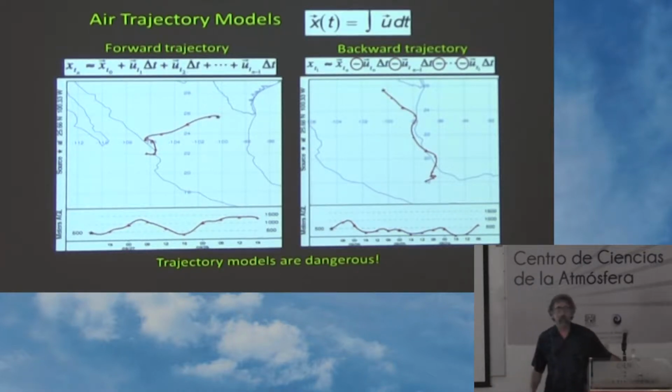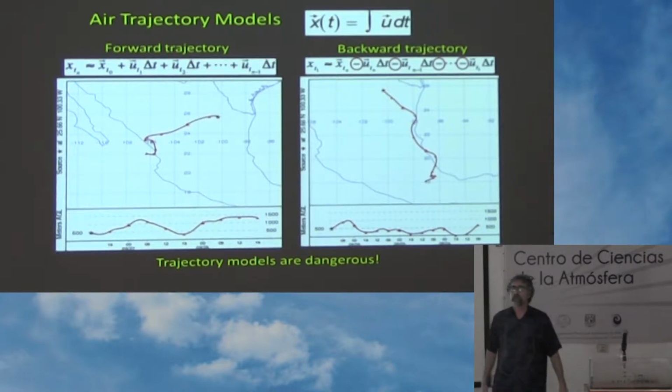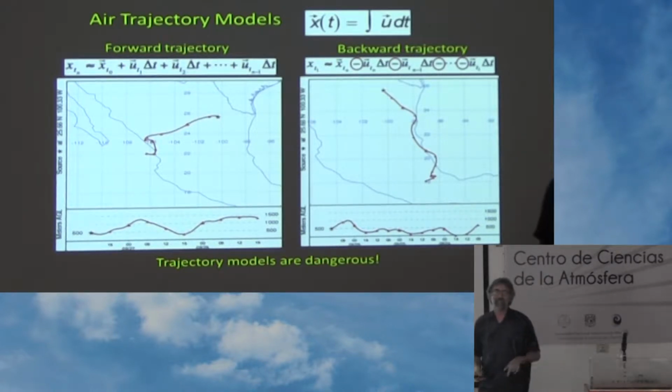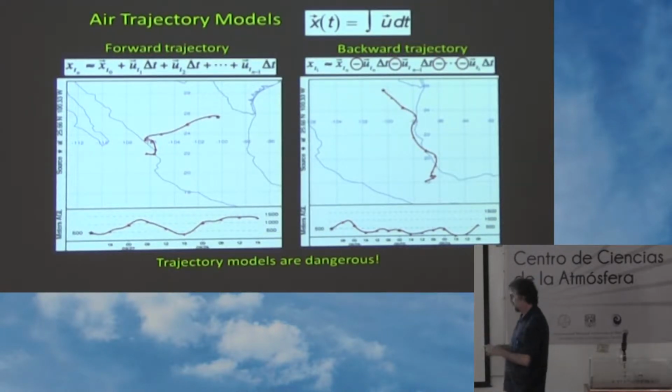So that's the reason why there exists only a few trajectory models. I used to manage one trajectory model, and I gave it up after 5 years because managing the data is an enormous task.